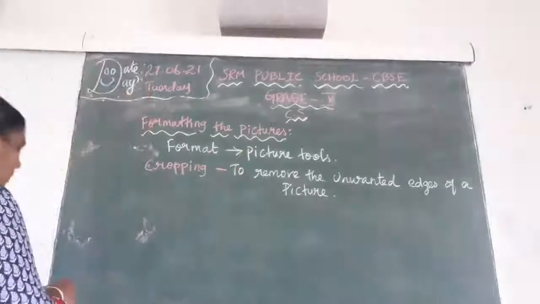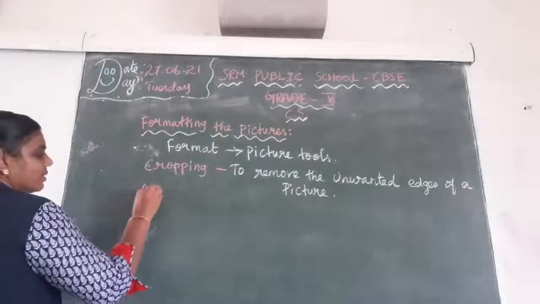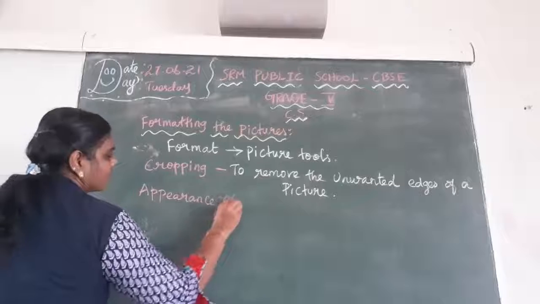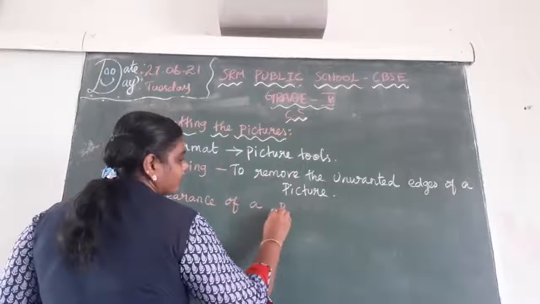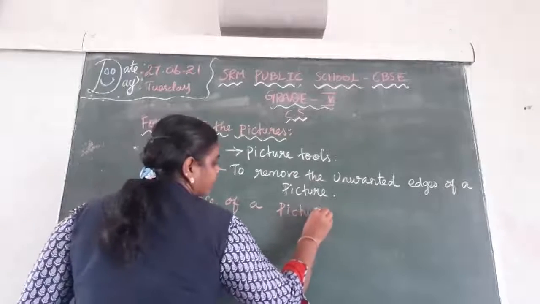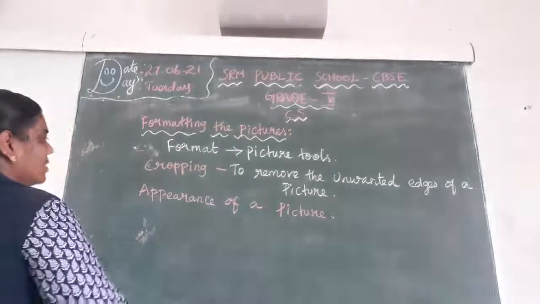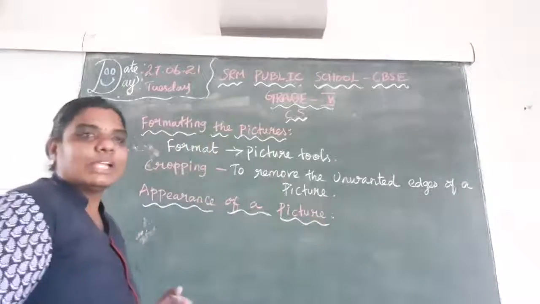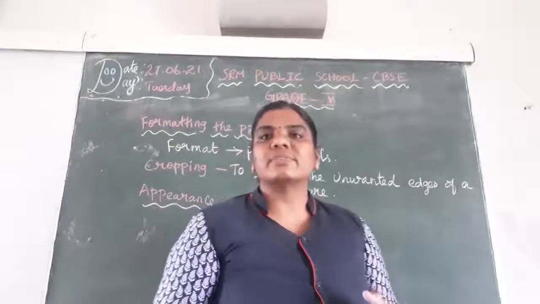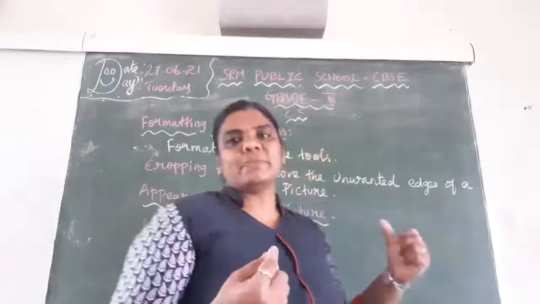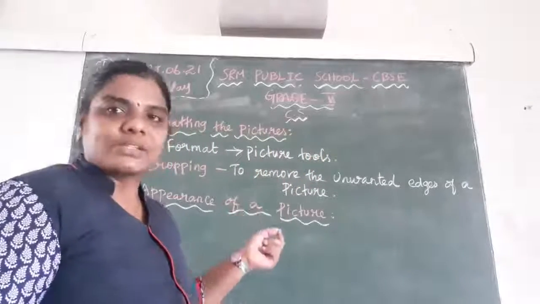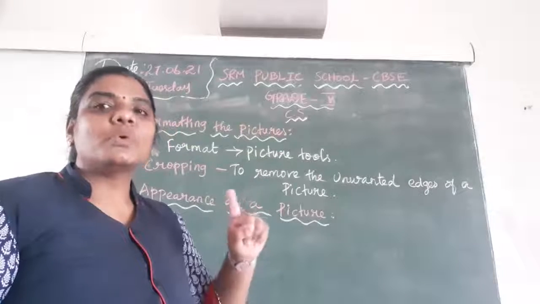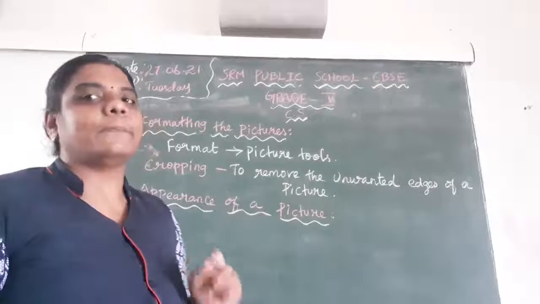Okay, next one, appearance of the pictures. Suppose we need to make any corrections in our pictures, we can do it by using one tab to change the appearance of the pictures.